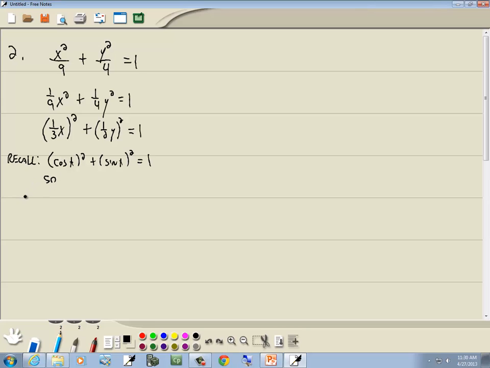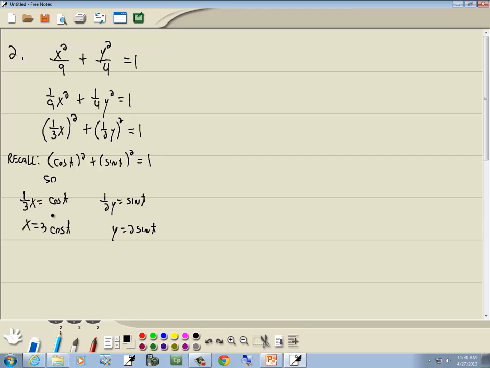So we got 1/3 x is equal to cosine t, and we got 1/2 y is equal to sine t. Now if I solve this for x, multiply both sides by 3, we get x is equal to 3 cosine t, and this one you get y is equal to 2 sine t. This problem's not too bad really.